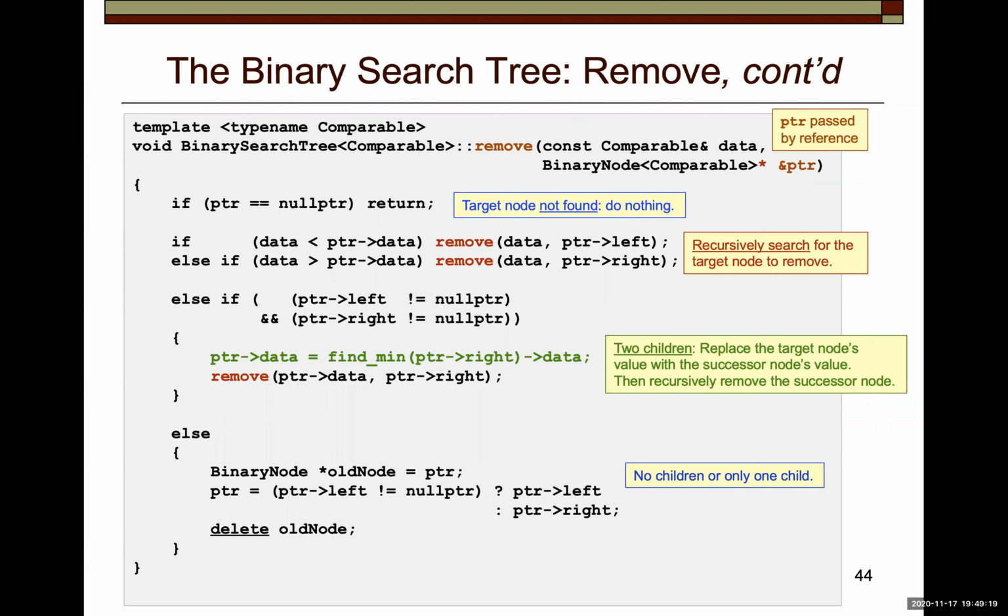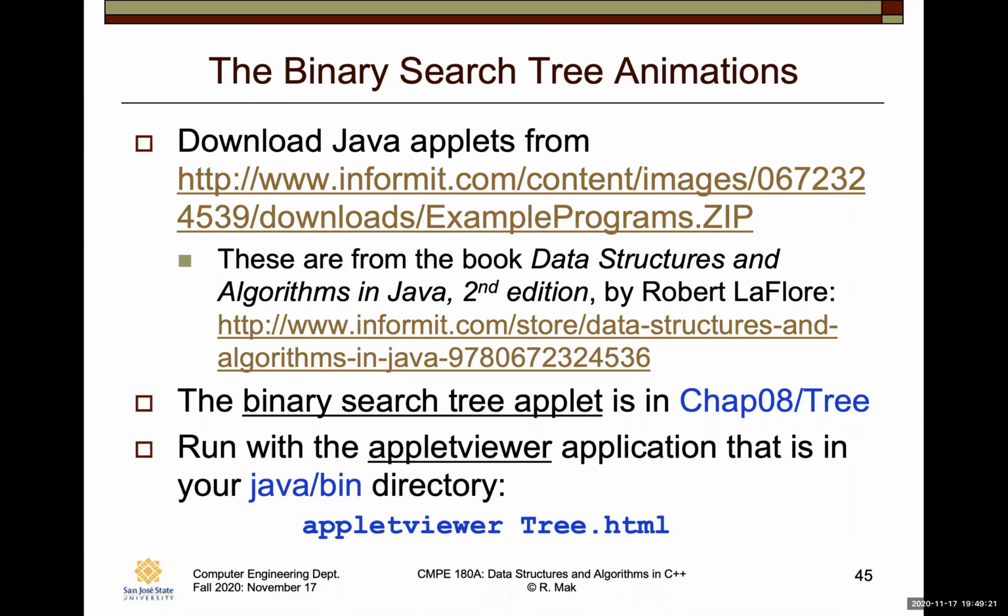There are also animations that show you inserting a node into a binary search tree, searching a binary search tree, and removing a node from a binary search tree. Hopefully these animations will make it more clear exactly what's going on.